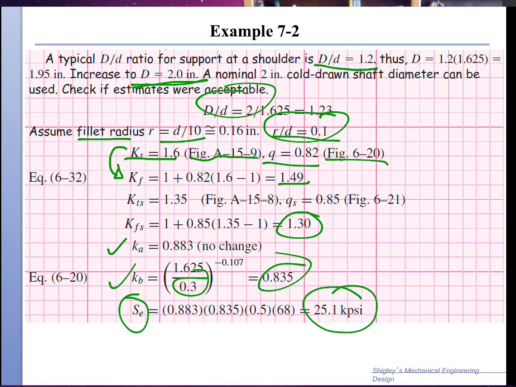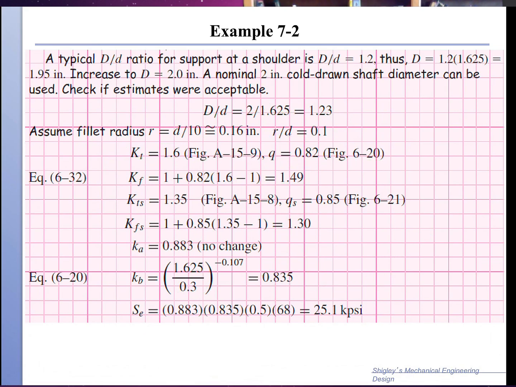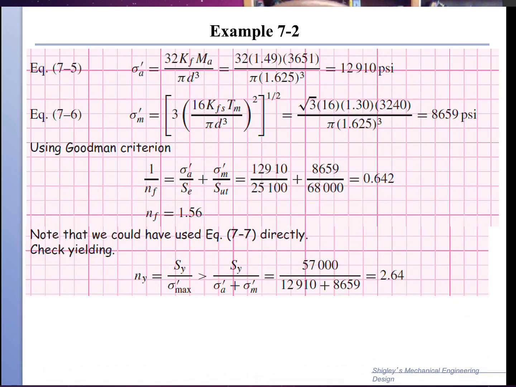Then you see that it dropped down from 27 down to 25, which is a change that is to be carried through. So based on that, we now recalculate the alternating value of the stress from the alternating value of the moment at this point.